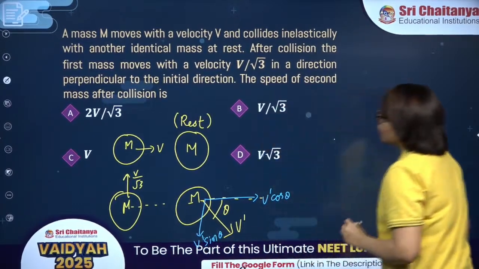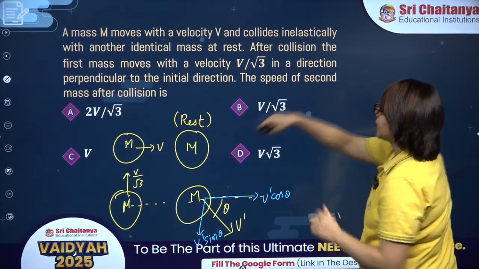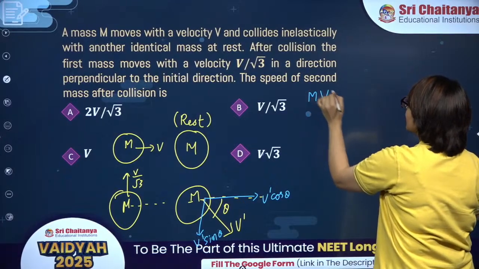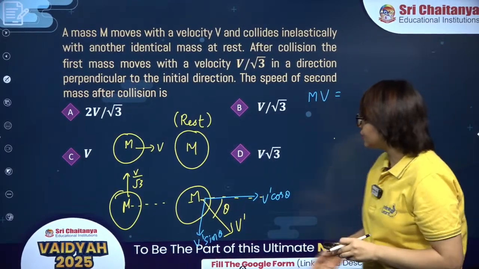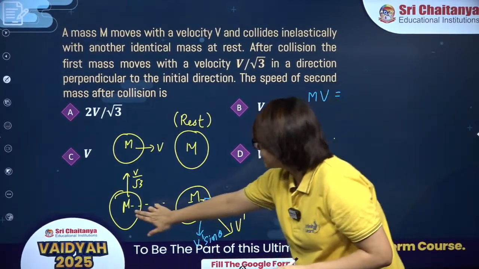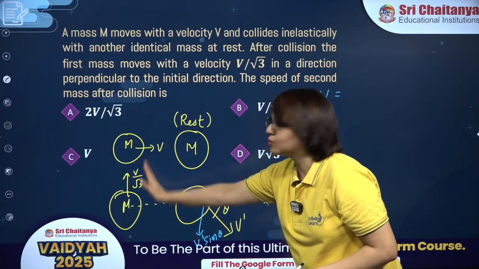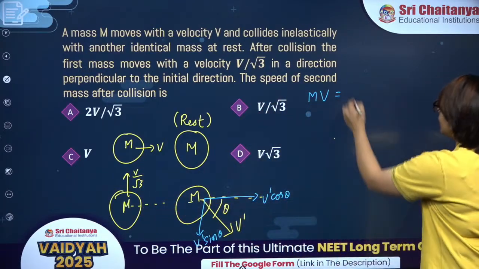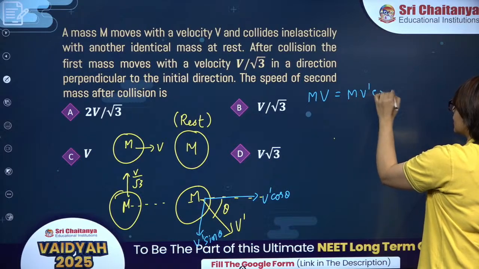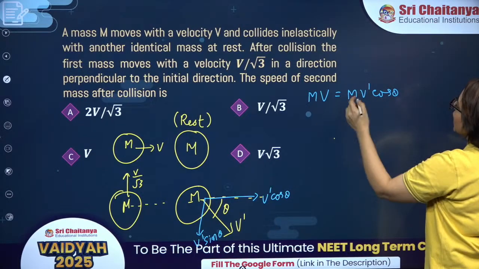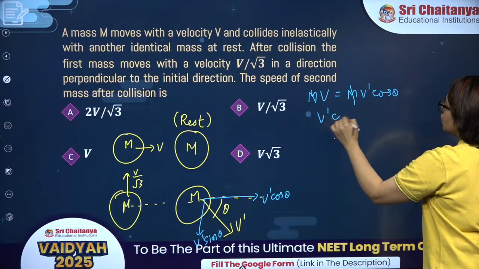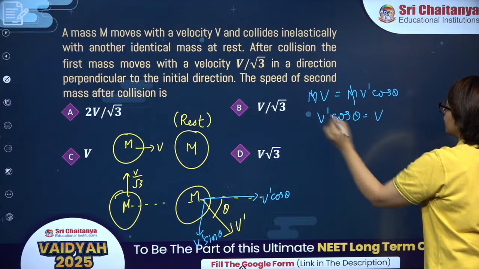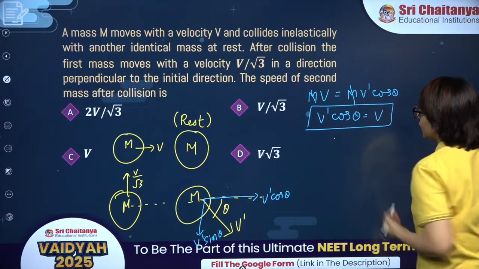Fine. Now what is the initial momentum along x-axis? M into v, and it should be equal to final momentum along x-axis. So it has zero momentum along x-axis because its velocity is along y-axis over here, and this will be mv dash cos theta. So from this one you have v dash cos theta as v. This is first equation.